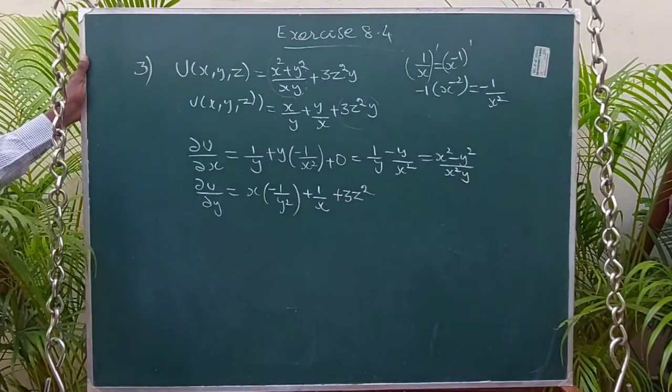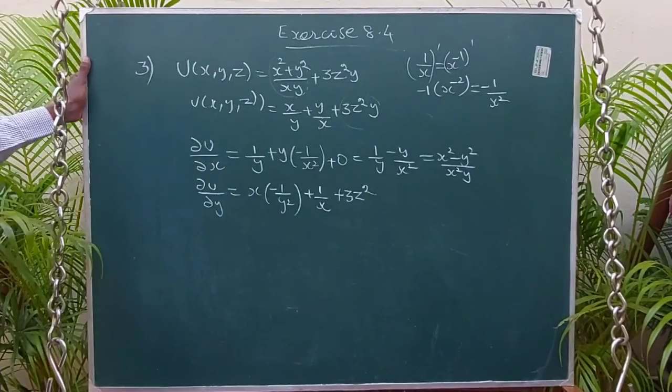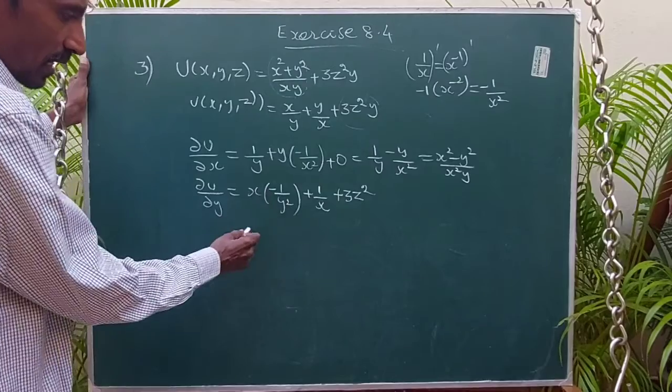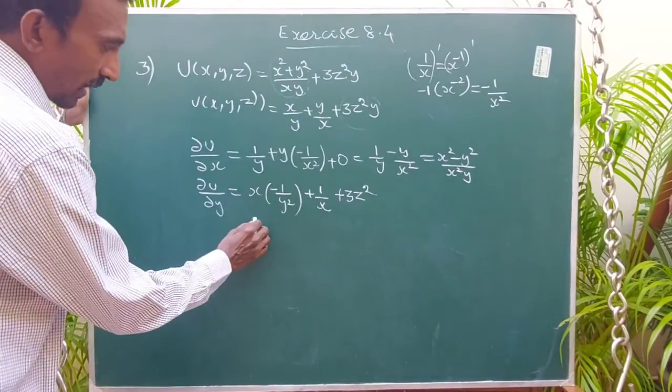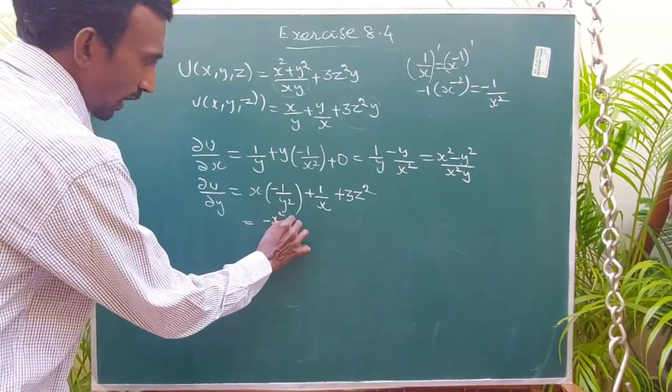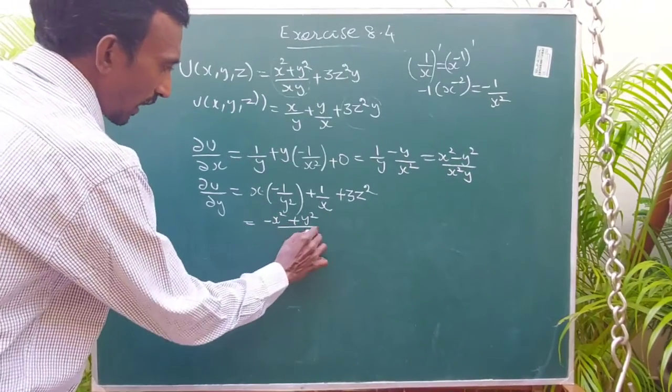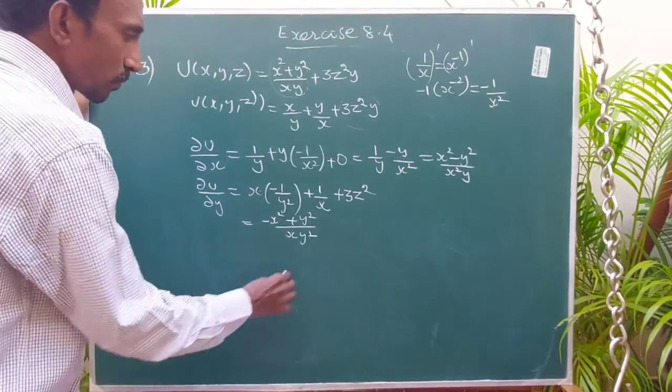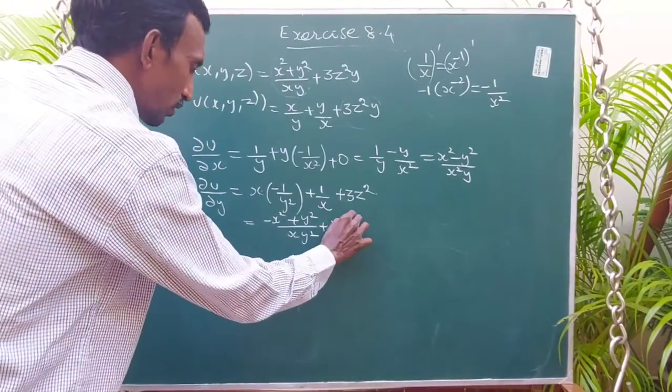Here if you want, you can take the LCM. What we are getting is minus x square plus y square by x y square.